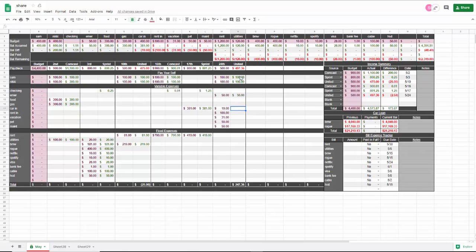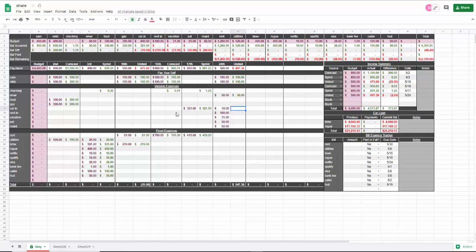You could always adjust the amount so that you're not pulling out of savings or whatever, so that way one of your savings is going to be affected. But for instance, we're short $2.64, so you can put the exact amount.